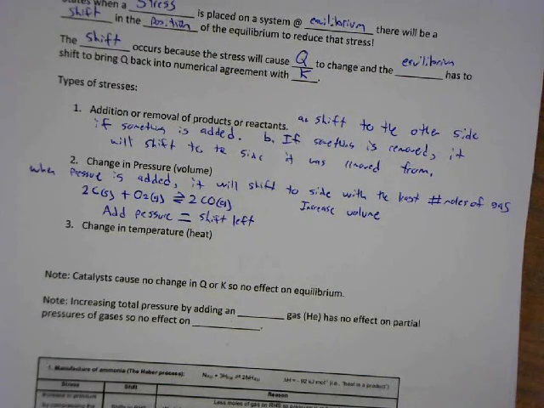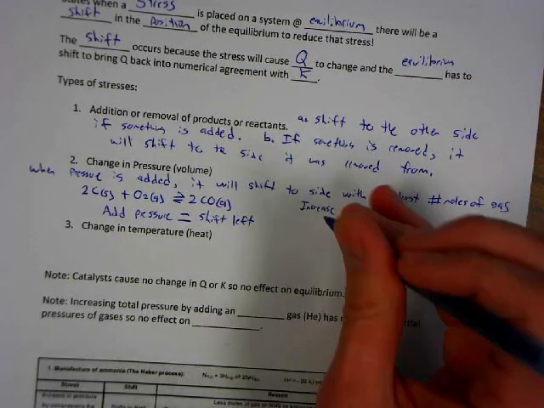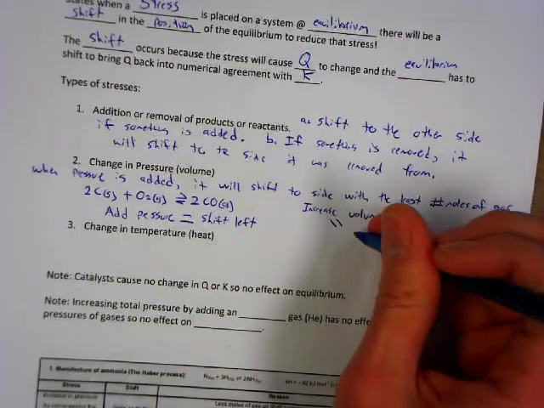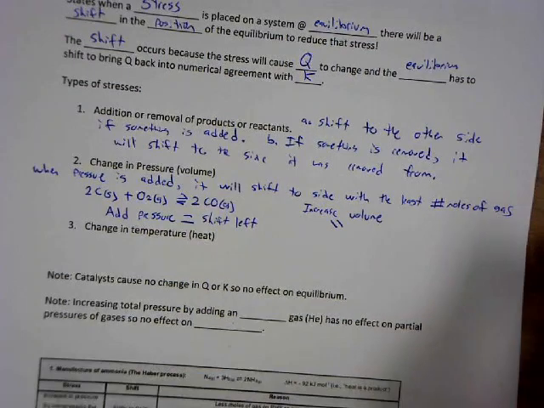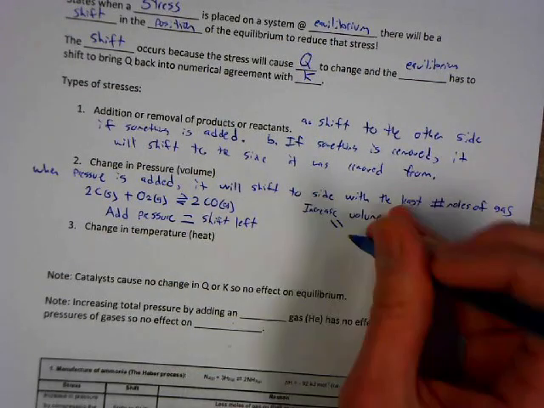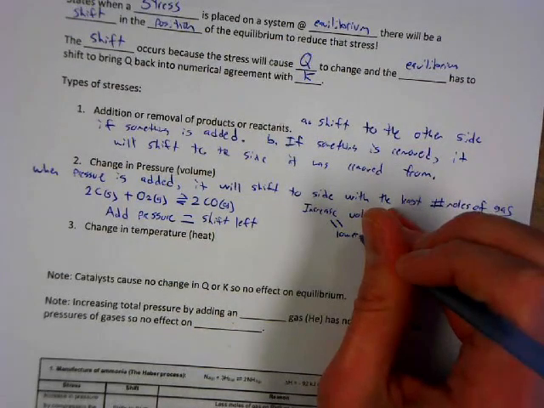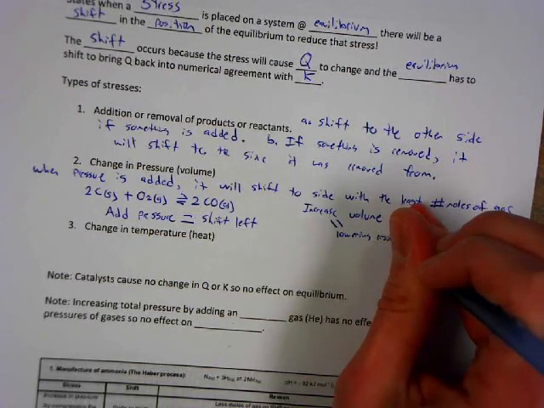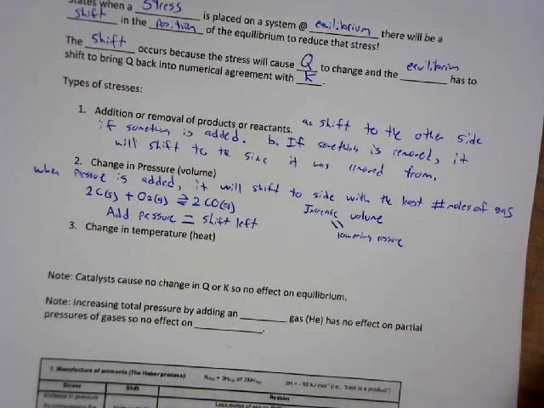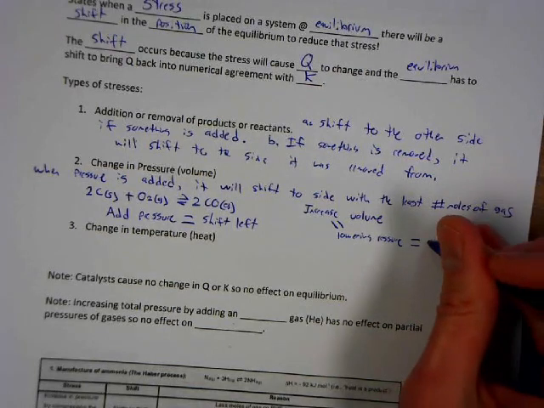Now, what if I increase the volume of this same system? Which way is it going to shift? Right. Why? If I increase the volume, what am I doing? Decreasing the pressure.